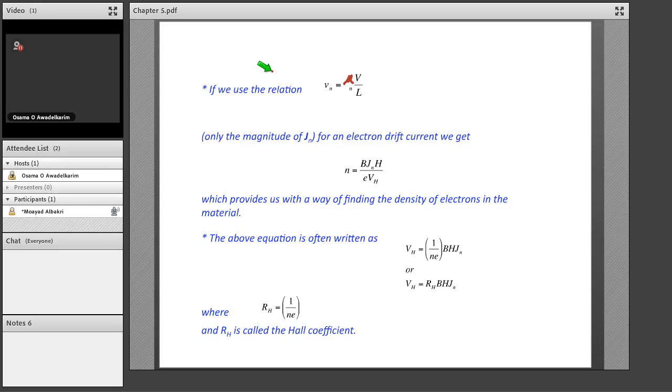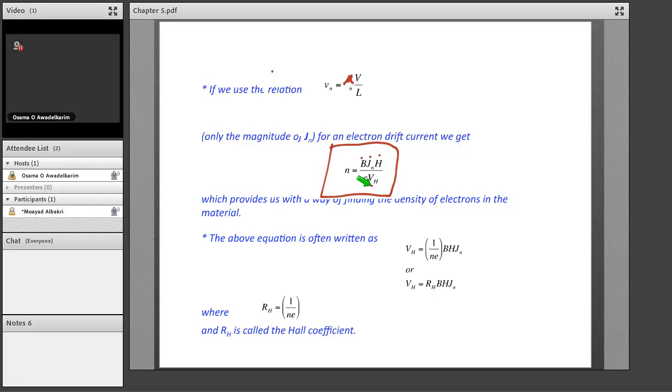And if we use the magnitude of J_n for an electron drift current, we can actually find even relationships like this: the concentration of electrons in the N-type semiconductor from the magnetic field, the drift current in the sample, h, the width of the sample, and the measured Hall voltage.